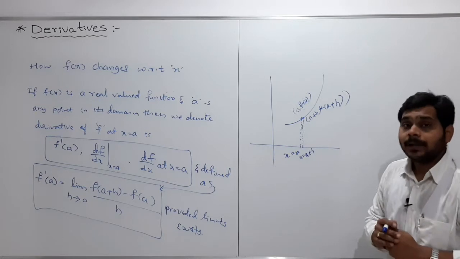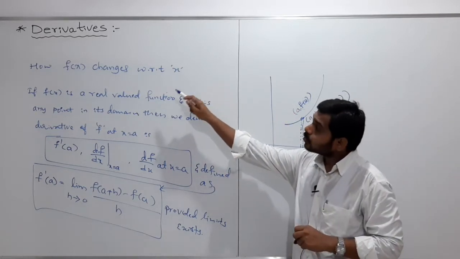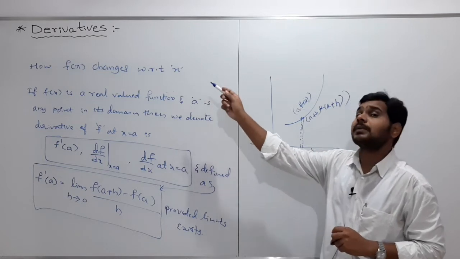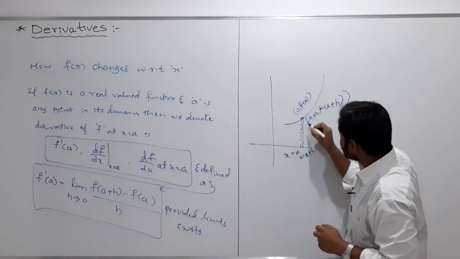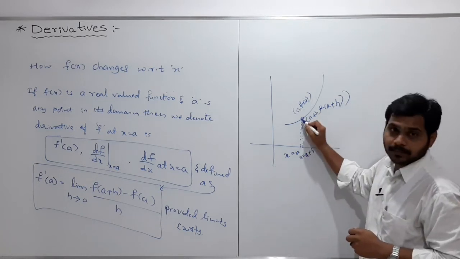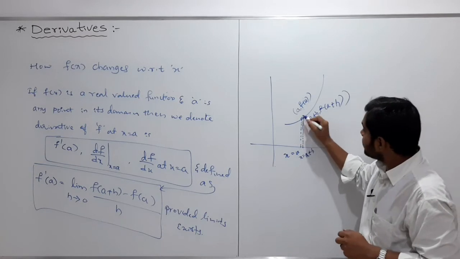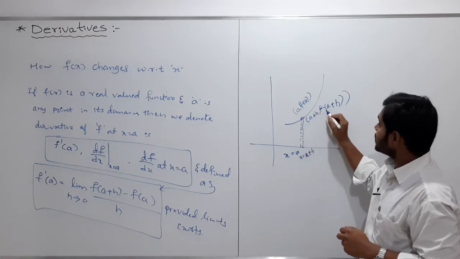Now what we are doing, we are calculating how the function f of x changes with respect to x, that we are discussing. So here the x is equal to a, this is the point we have on the xy plane, a comma f of a. And another point is a plus h, f of a plus h.